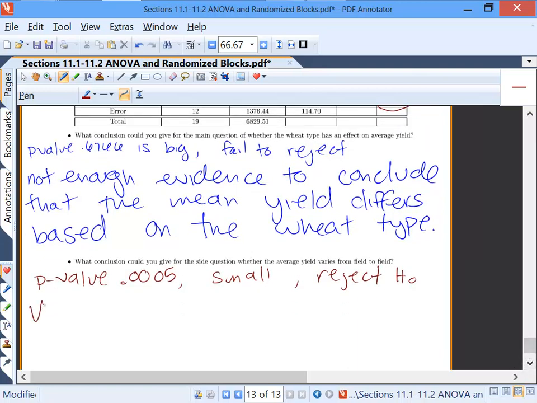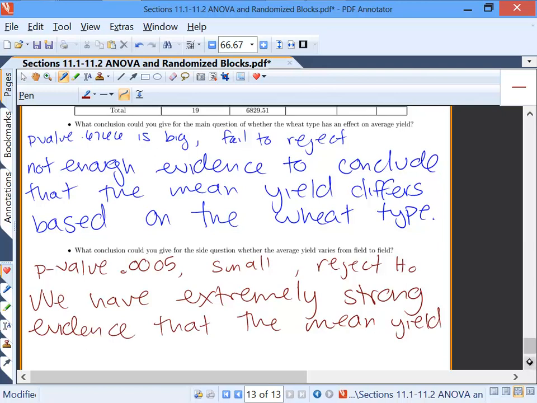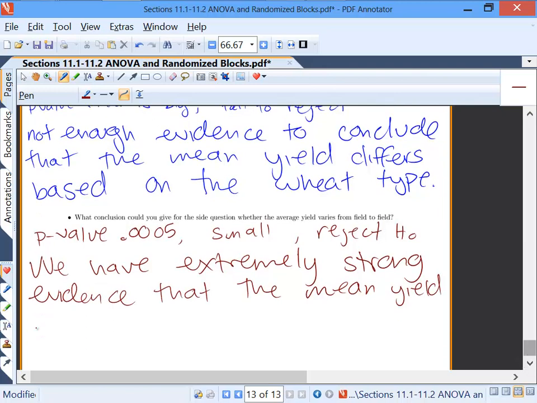So in fact, we have extremely strong evidence that the mean yield is different for at least one field.